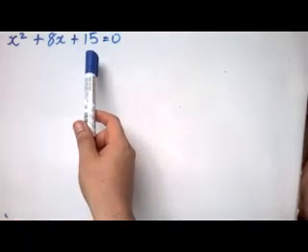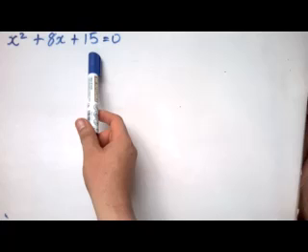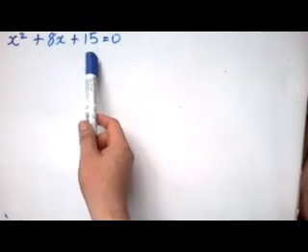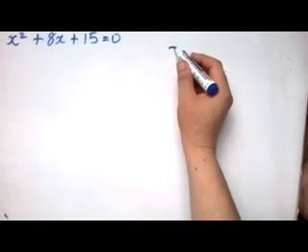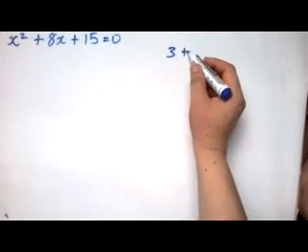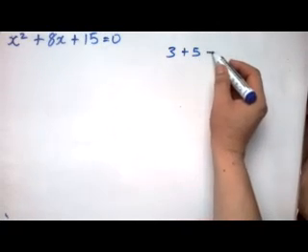If you are going to solve this problem, you must look for two numbers that when you multiply them, the answer will be 15, and when you add them, the answer will be 8. So what are the two numbers? If you do 3 plus 5, it will give you 8.